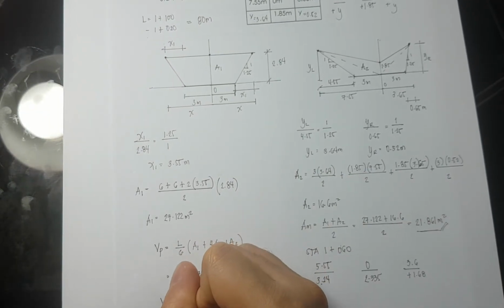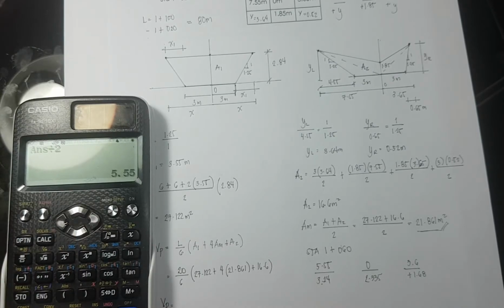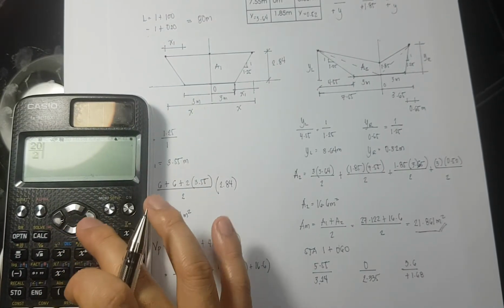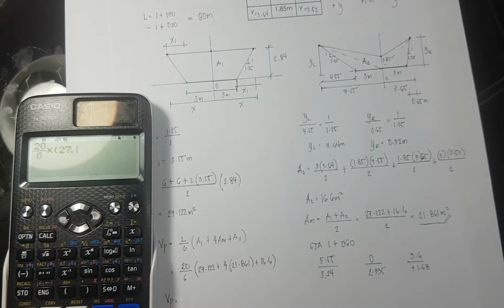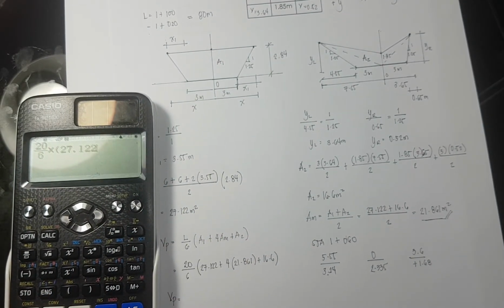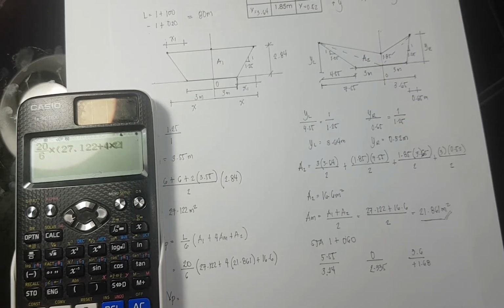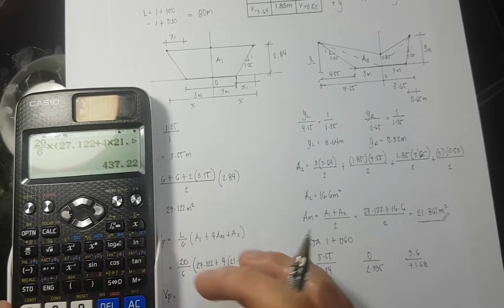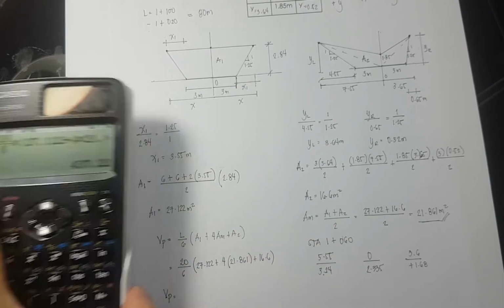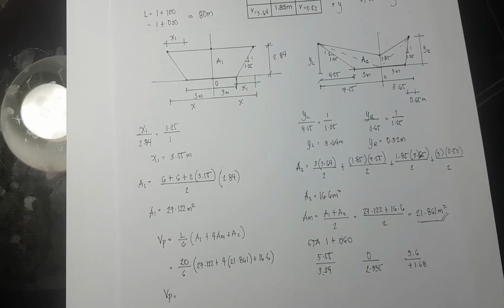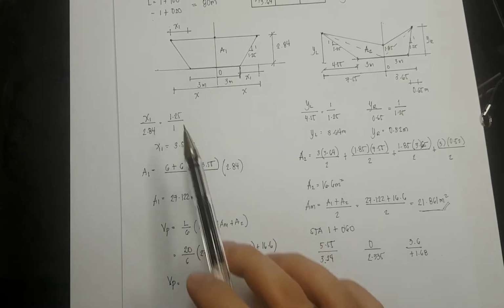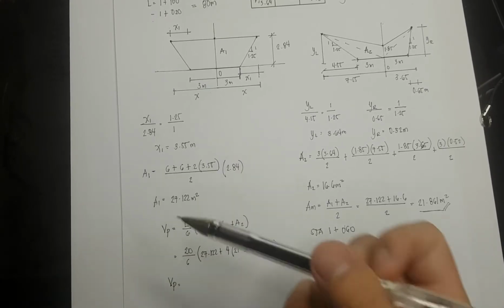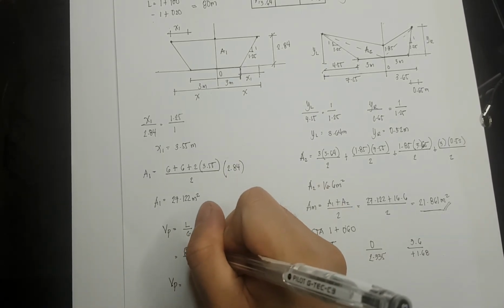Okay? Therefore, VP is equivalent to 20 over 6 times 27.122 plus 4 times 21.861 plus 16.6. Wait, let's double check. Okay, wait lang. So, mali yung input natin. In 20 yung nalagay natin. So, we correct this. It pays, no?